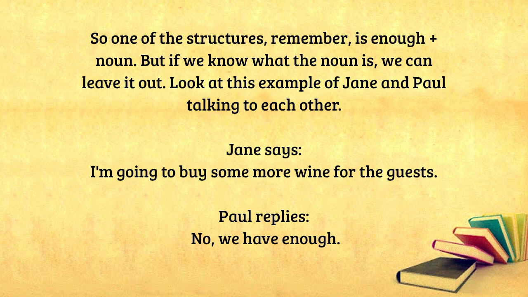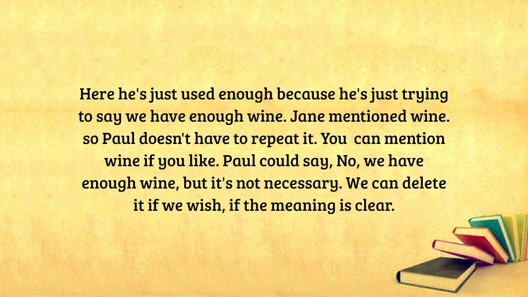Jane says, I'm going to buy some more wine for the guests. Paul replies, no, we have enough. Here he's just used enough, because he's just trying to say we have enough wine. Jane mentioned wine, so Paul doesn't have to repeat it. You can mention wine if you like. Paul could say, no, we have enough wine.